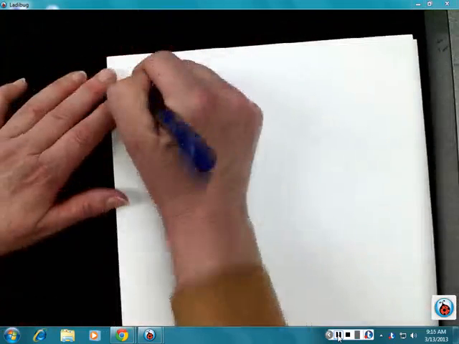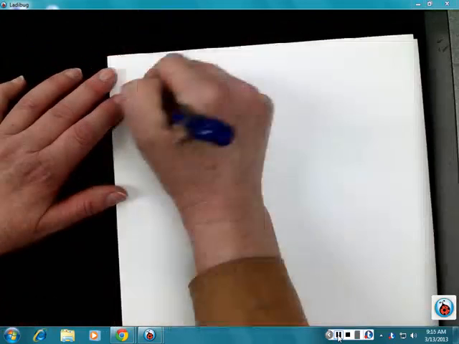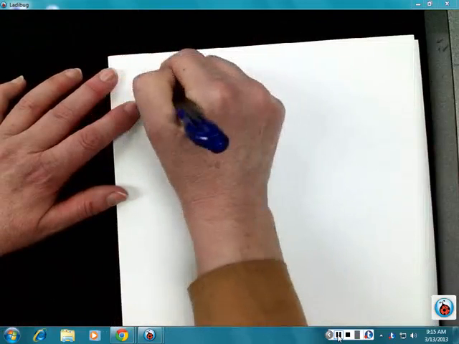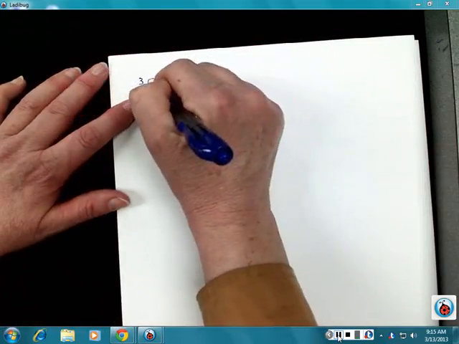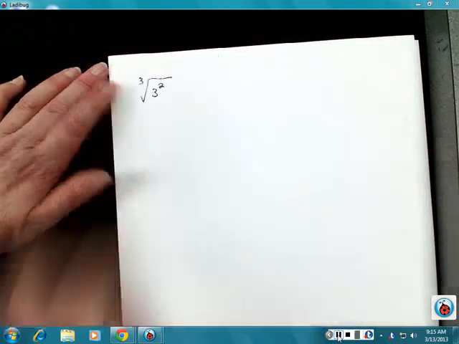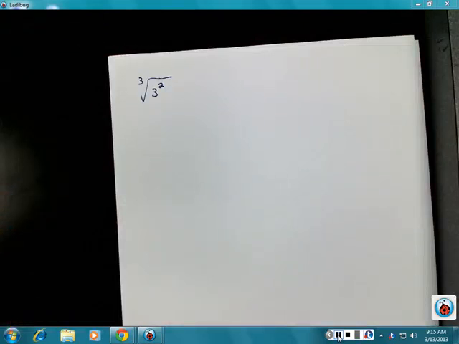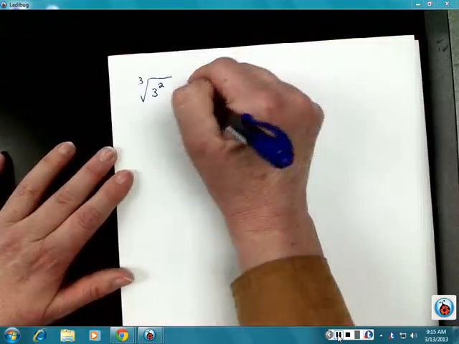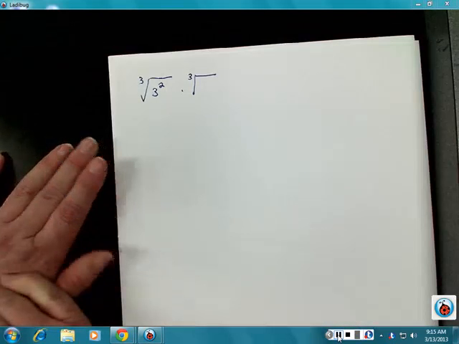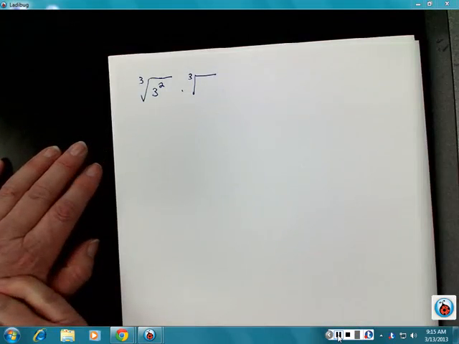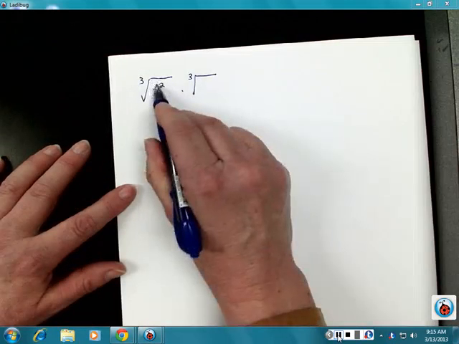So what if I had this one? What would be its value we'd multiply it by if I had the cube root of 3 squared? What would I multiply that one by? What was it, B? 3 squared? You guys agree? Well, this is already a 2.